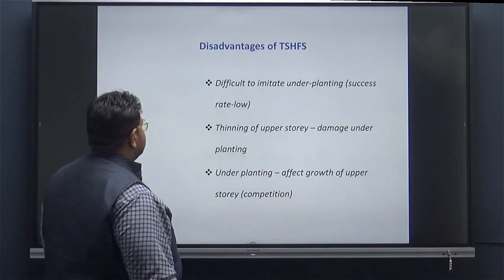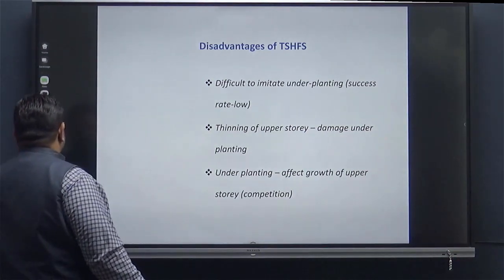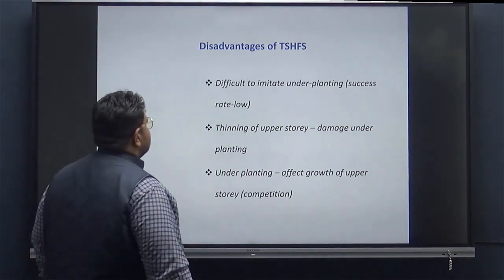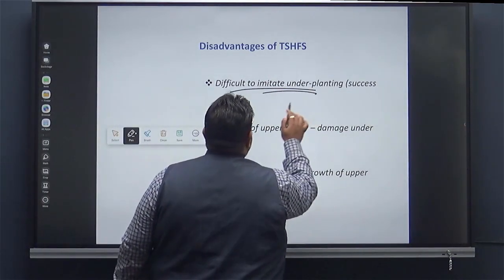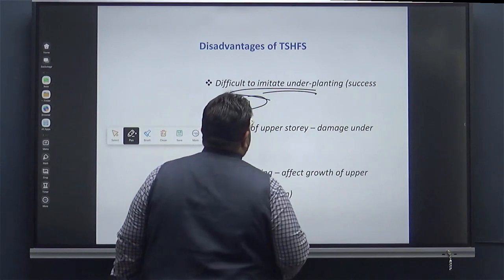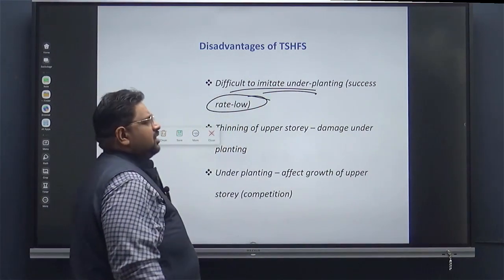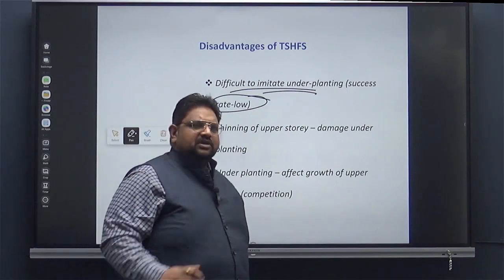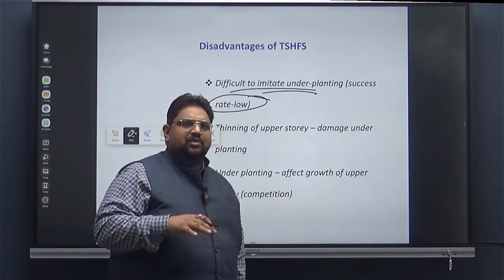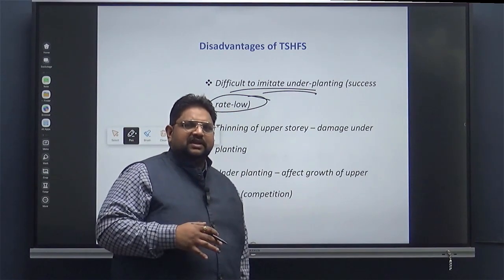What are the disadvantages? First and foremost, it is difficult to achieve the underplanting. Not all species are shade loving, and some species require sunlight in the initial stage.